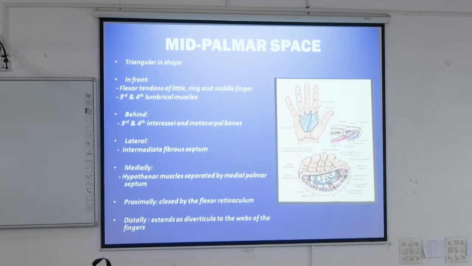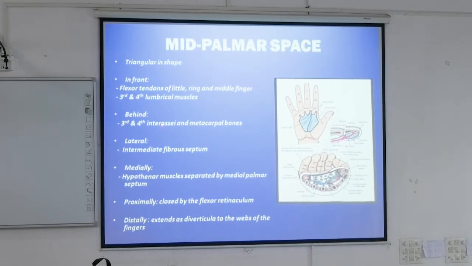Mid-palmar space. That can be a question, and it is triangular in shape. In front, the flexor tendons of little, ring and middle finger. Third and fourth lumbrical muscles.